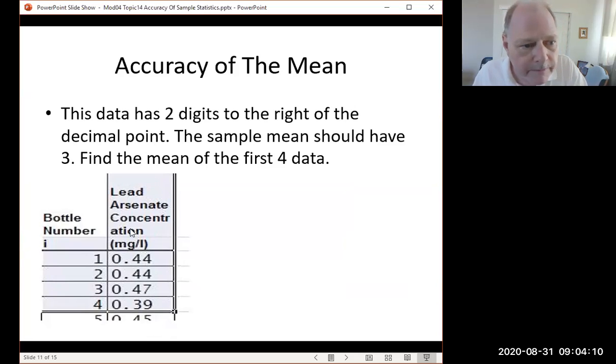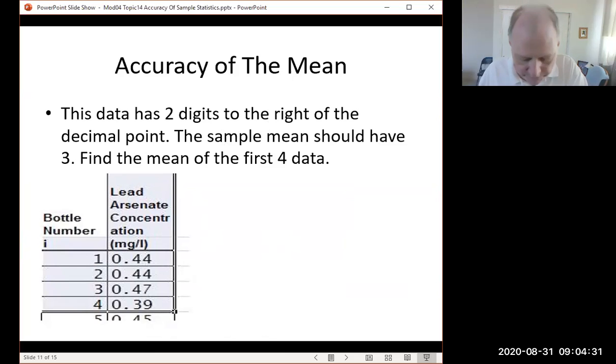Now this data has 2 digits to the right of the decimal point. This data is accurate to the nearest 100th of a milligram per liter. So the sample mean should have 3 digits to the right of the decimal point, just 1 more digit.